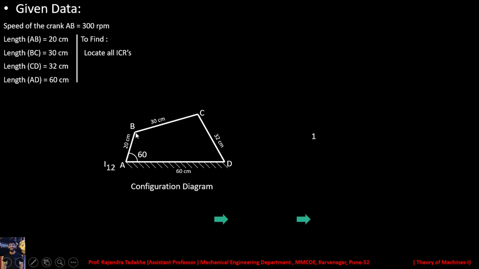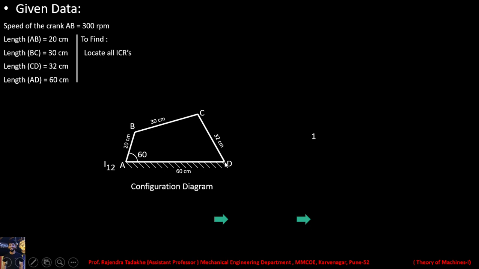So once we get the point B, we have a 30 centimeter length link and a 32 centimeter length link. So with the help of these two dimensions, we have to locate point C. Now take the radius of 30 centimeter in the compass, then put one point of the compass on point B and mark the arc of 30 centimeter.